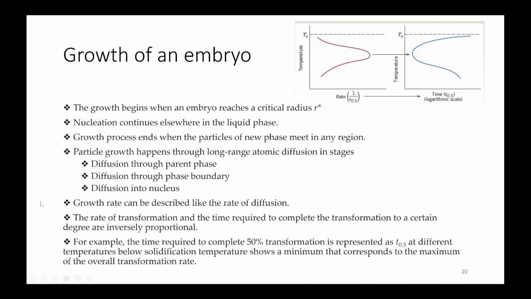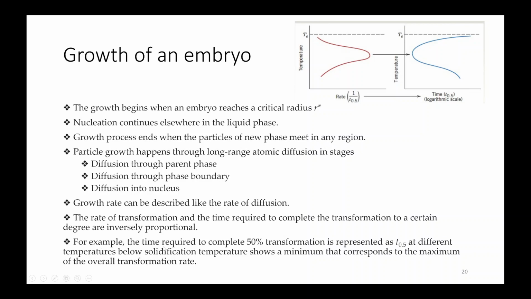Your growth rate can be described by the rate of diffusion, and the rate of transformation and the time required to complete the transformation to a certain degree are inversely proportional. These two graphs are almost mirror images of each other, because if you have a higher rate of transformation, you will get your material transferred in less time.